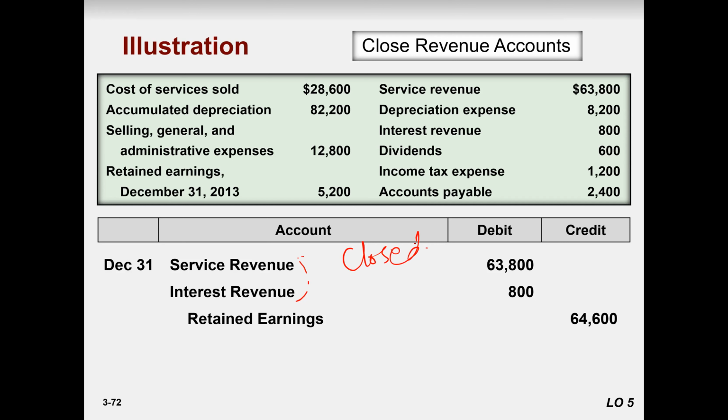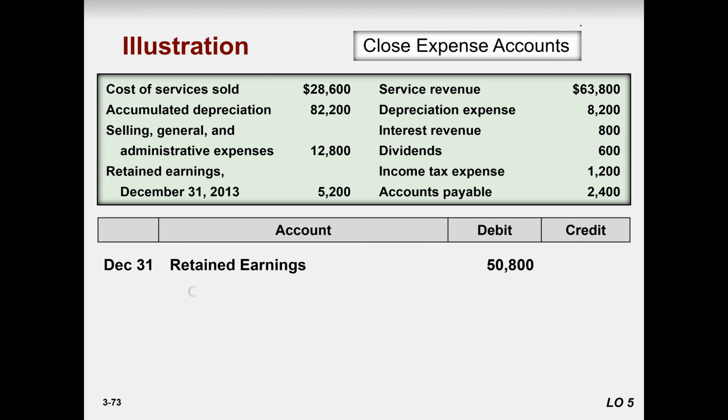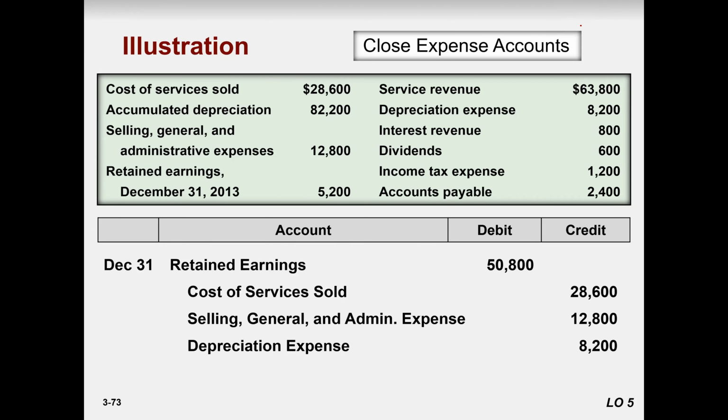So expense, if you want to close it, what is the entry? Expense normal balance is debit, so you make expense credit. It means the entry is going to be retained earning debit and expense credit. So retained earning to all the expenses. See, cost of goods sold, administrative expenses, selling expenses, and then depreciation expense, income tax expense, right?